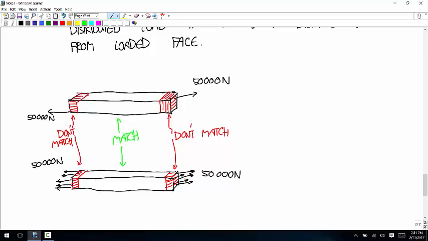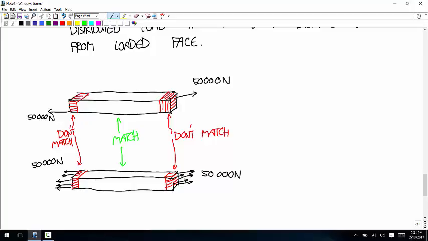And so then you're happy to trust the results for the majority of the beam and just throw out the results at the ends. It depends how the load is applied, and it can be a big difference or not that much difference.